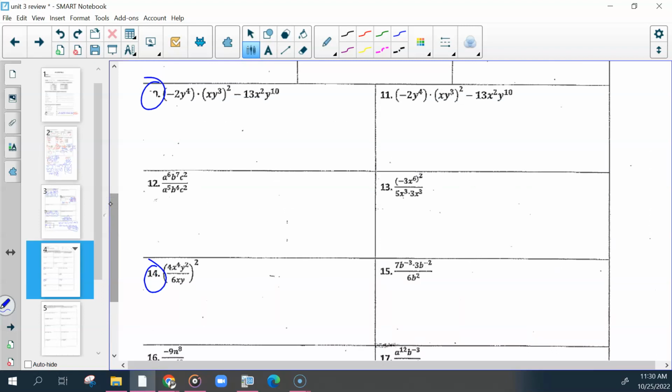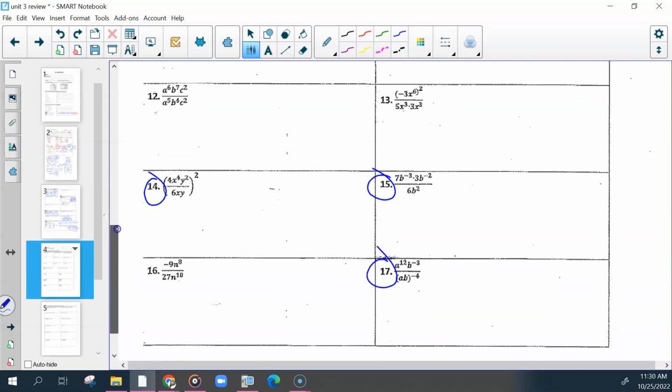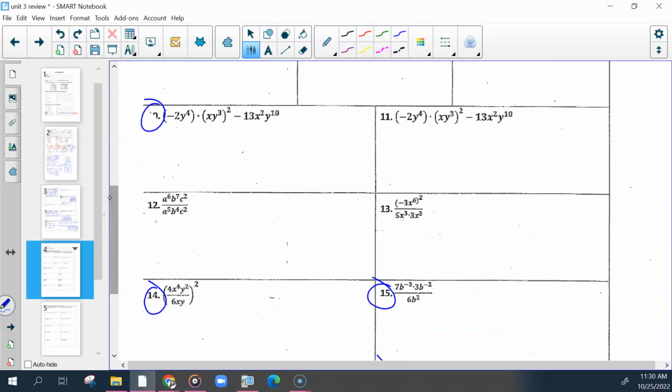These are actually the same thing, so we're just going by 10. Sophia? 15? Yes. 17. Okay. So we're going to go through these kind of quickly so that way you can start working on your quiz. 10, 14, 15, 17.